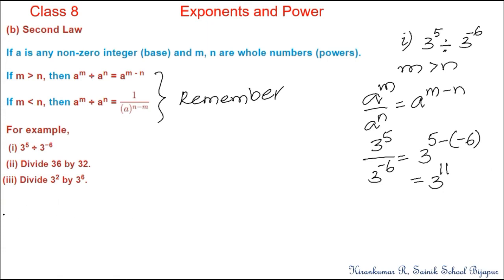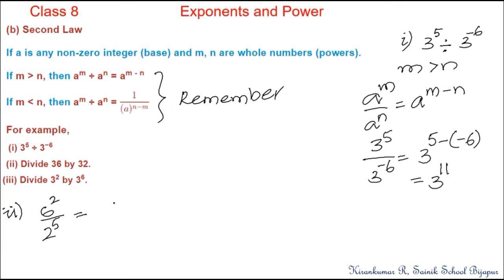Let's solve the second one. If 6^2 is divided by 2^5, this 6^2 is nothing but 6 square, and 2^5 is 2 raised to the power 5. Their bases are different.